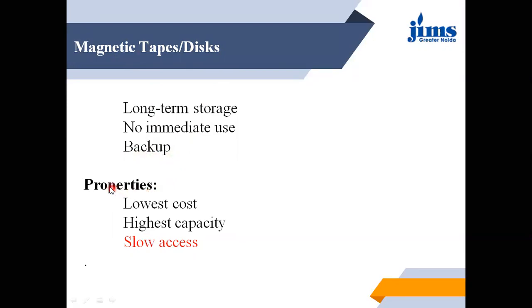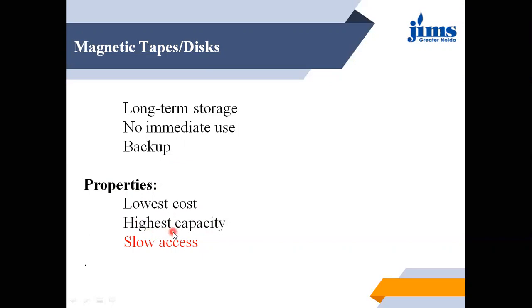The properties of these are: this is low cost. We discussed the cost and efficiency as well as the speed in the classification of the memory. It has high capacity, means space is more.